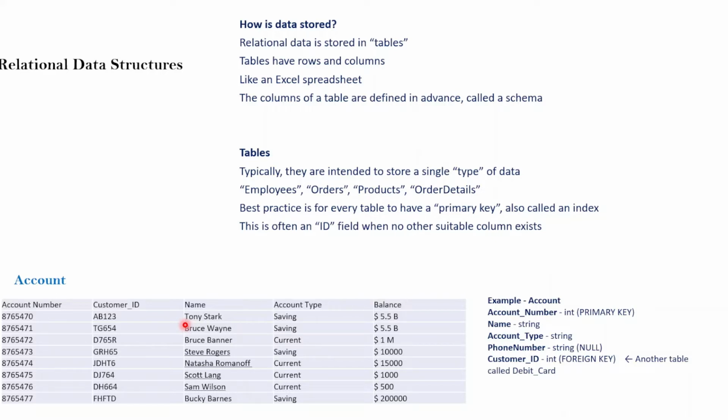If someone wants to check the name, it is not required to store it in the debit card table, but a join can happen on these two tables, and from there we can extract the name by looking back into the account.